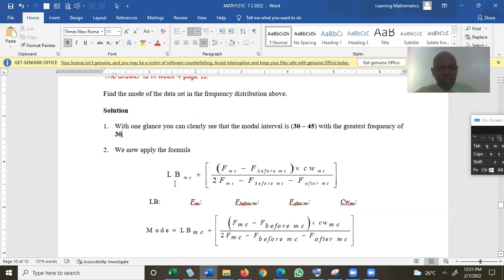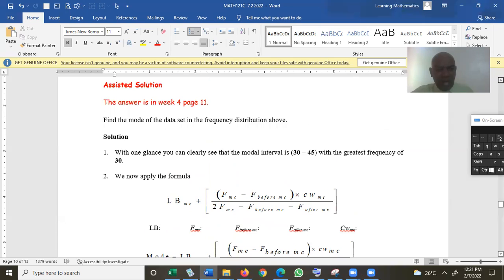To use this formula, you need the lower boundary of the modal class, because class is another way of saying group. So a class is a group. We're not having class in the sense of a session or a meeting. So another way of saying interval, another way of saying group, you can also say class.